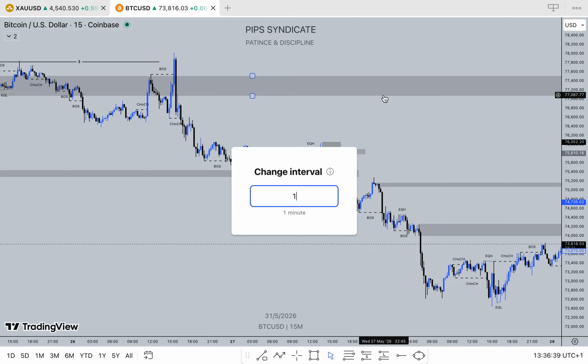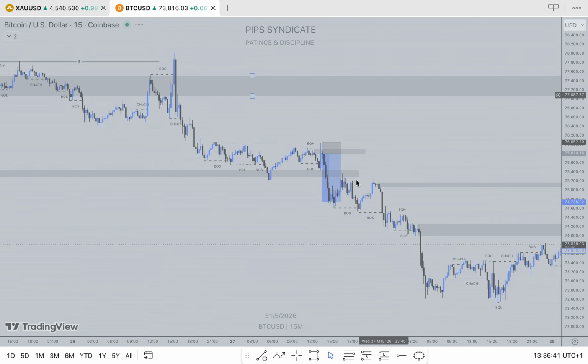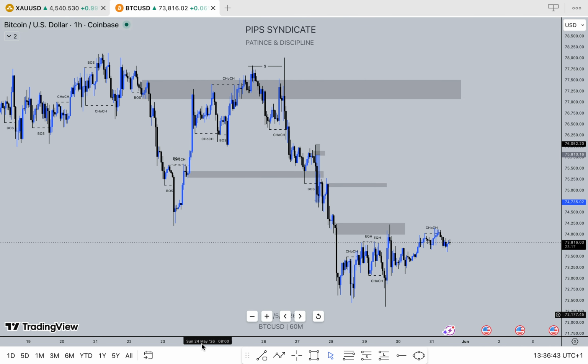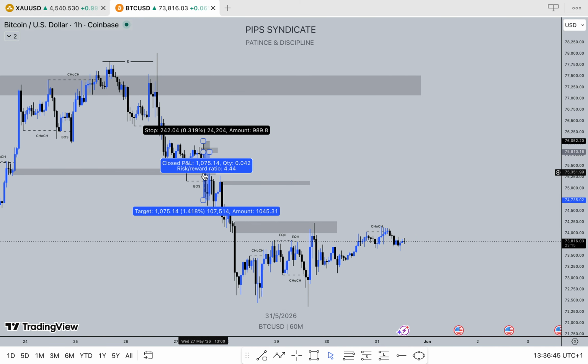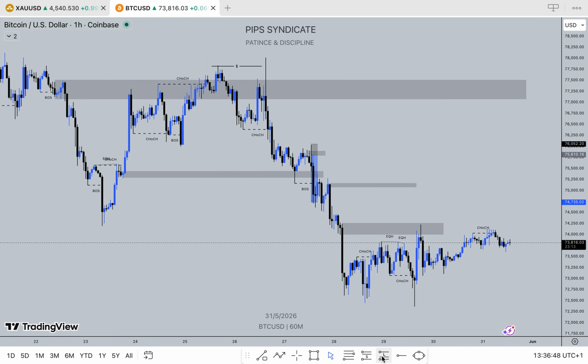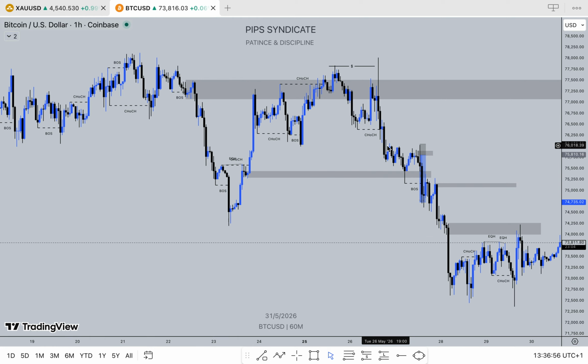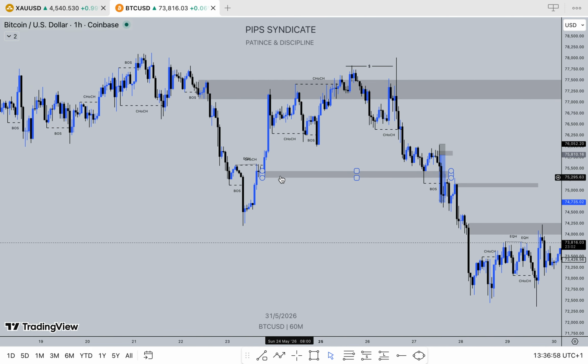So on the 1 hour time frame, guys, we can see that we had this bearish trend right here, at this level. After we go to this demand here, as you can see, this demand is not an extreme zone.